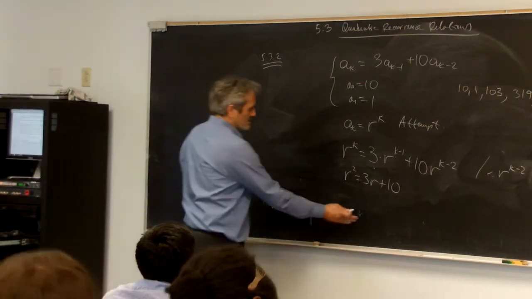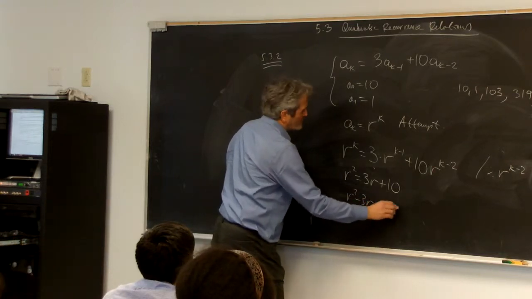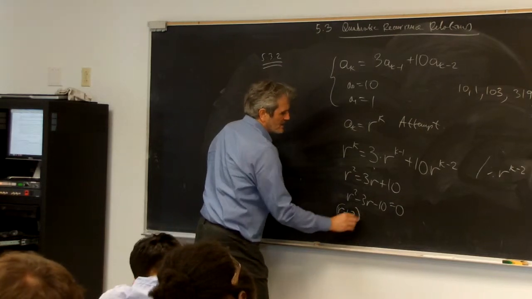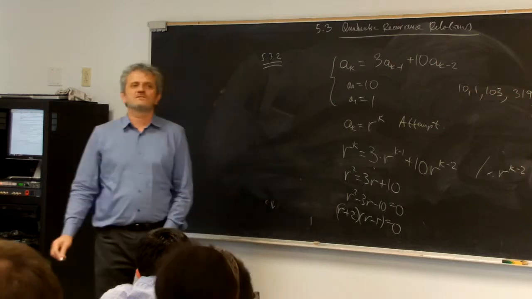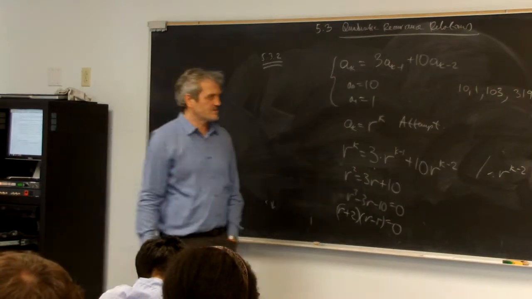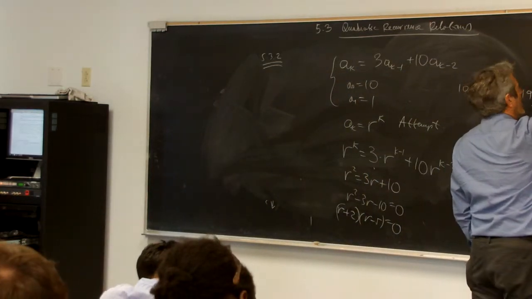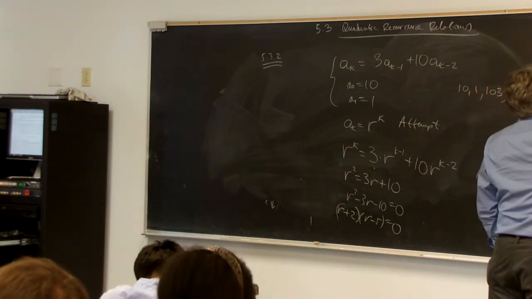So you go r^2 - 3r - 10, or solve the quadratic however you know. That will be (r + 2)(r - 5) = 0. So there are two solutions: r = -2 and r = 5.